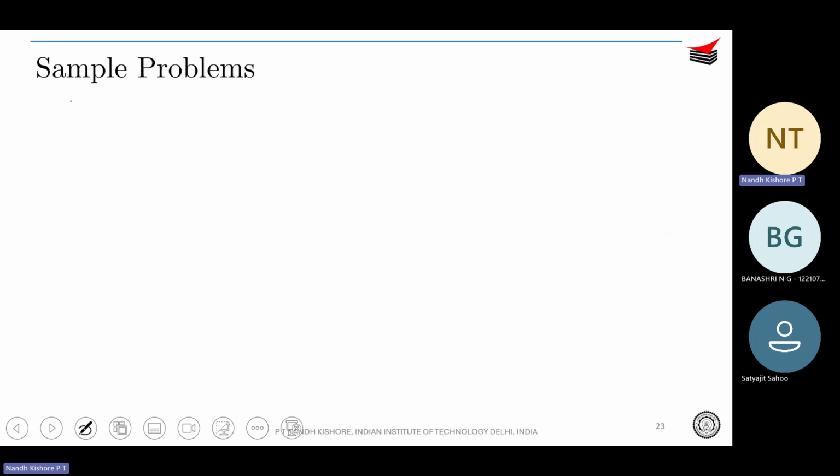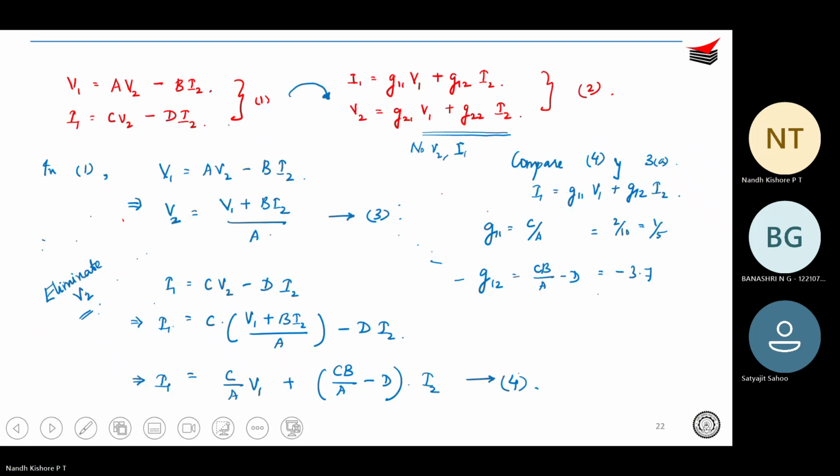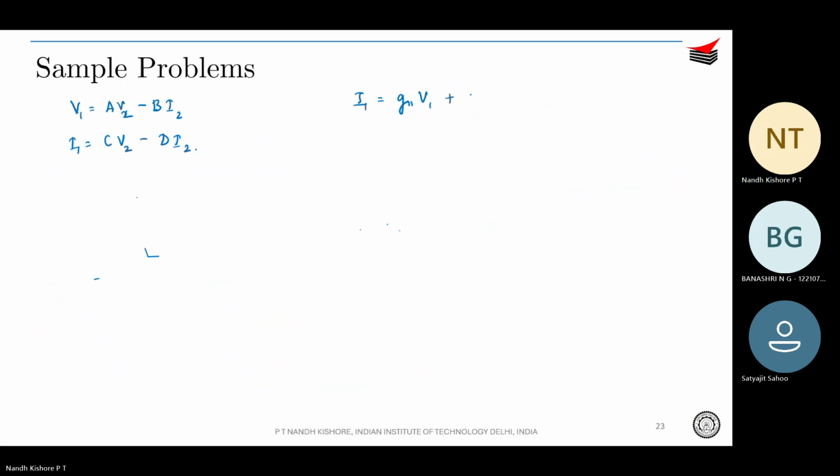Similarly, also V1 is equal to A V2 minus B I2 and I1 is equal to C V2 minus D I2. But over here, this is from the transmission line parameters. But in terms of the G parameters, I have G11 V1 plus G12 I2.